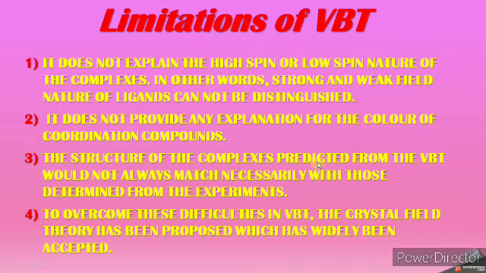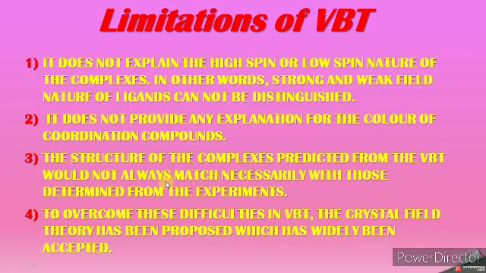Then the structure of the complex predicted from VBT would not always necessarily match those determined from experiments. So if there are 4 ligands in your complex, whether the geometry is tetrahedral or square planar, sometimes that explanation provided by this VBT cannot be matched with experiments. Then there are 2 more limitations.